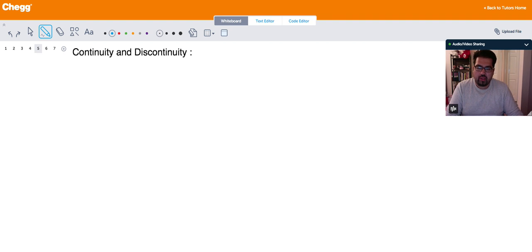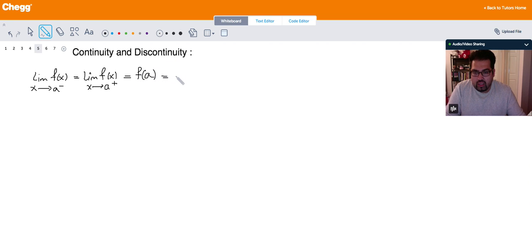Today we are talking about continuity and discontinuity of a function. So the general definition that we use to check if a function is continuous or not is that the limit of f of x as x approaches a from the left side must be equal to the limit of f of x as x approaches a from the right side, and must be the same as f of a, which is the exact value of the function at a, and these must be equal to a real number.